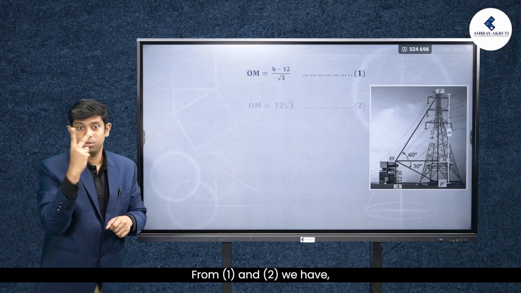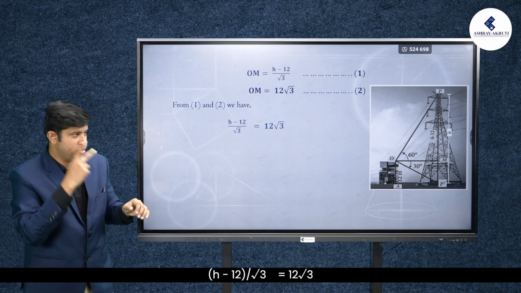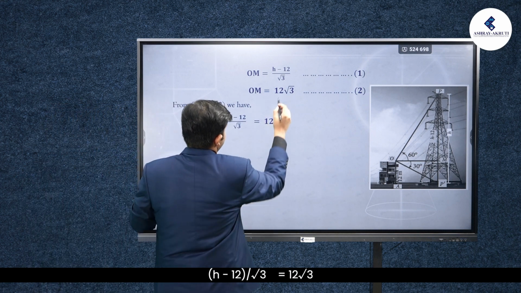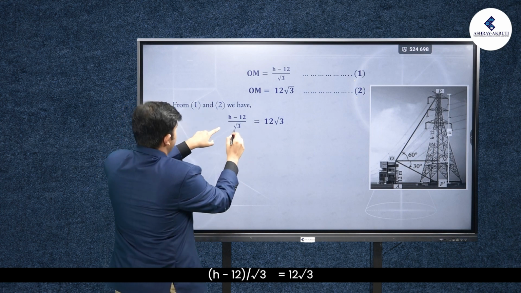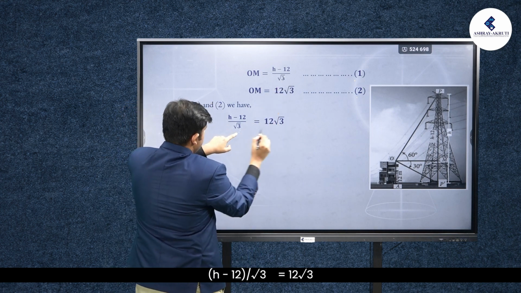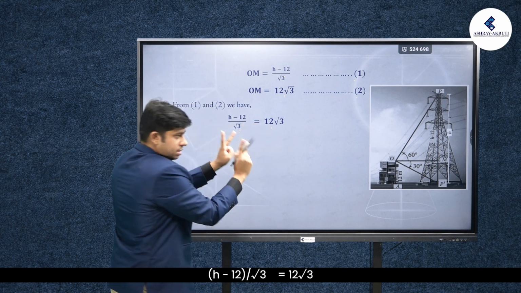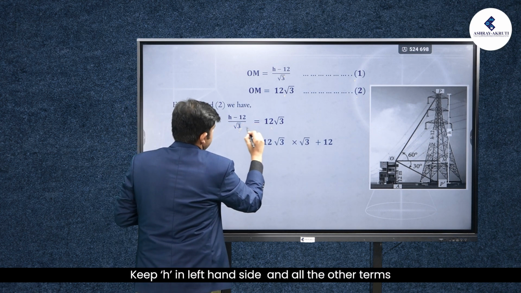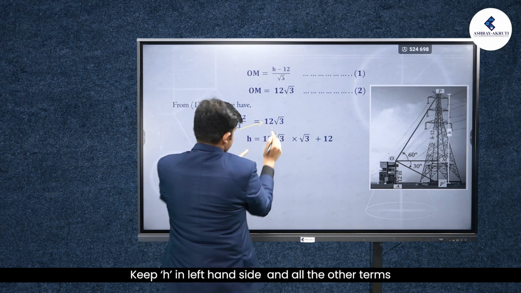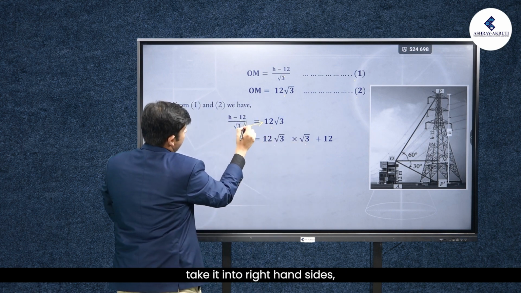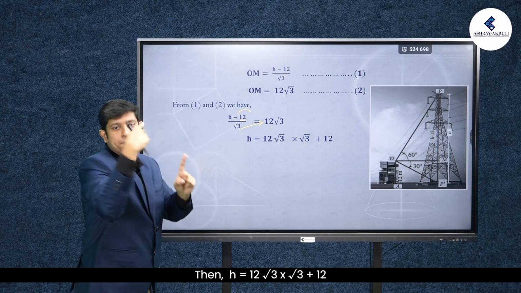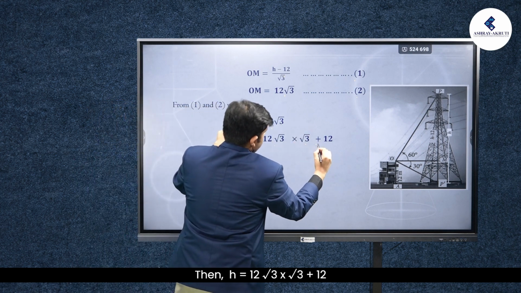From 1 and 2, we have H minus 12 by root 3 is equal to 12 root 3. Keep H in left hand side and all the other terms take it into right hand side. Then H is equal to 12 root 3 into root 3 plus 12.